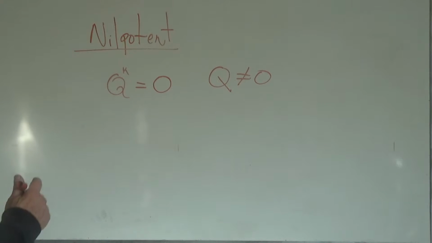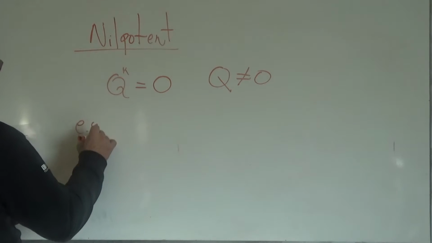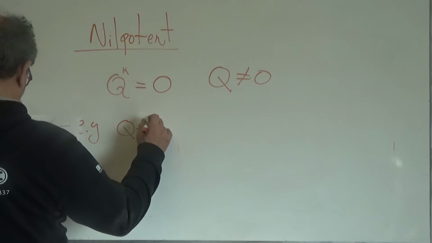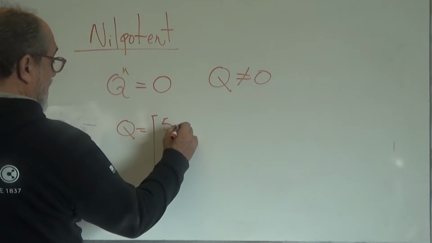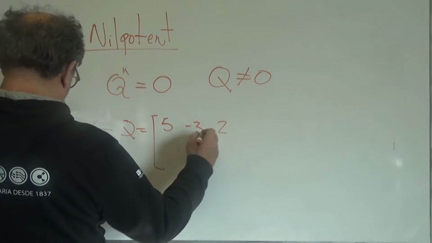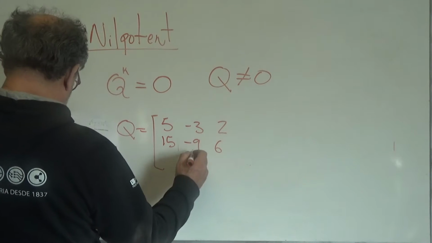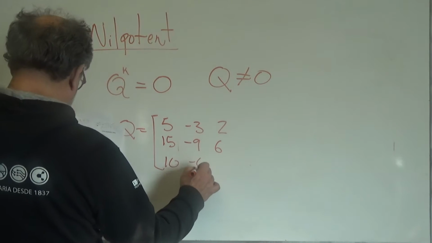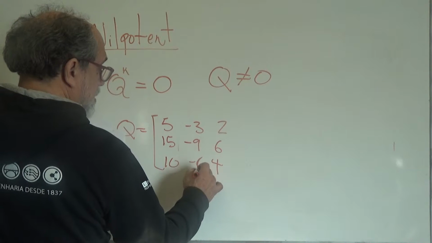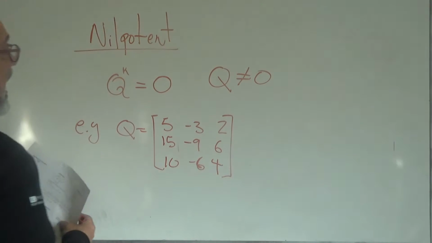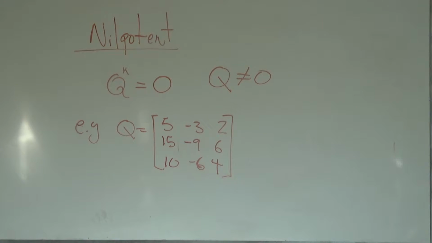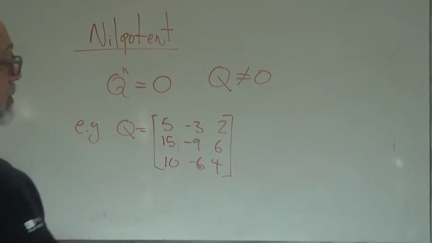But let's say, for example, Q equals 5, minus 3, 2, 15, minus 9, 6, 10, minus 6, 4 is a nilpotent matrix where K is equal to 2.